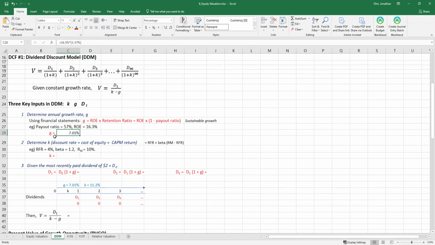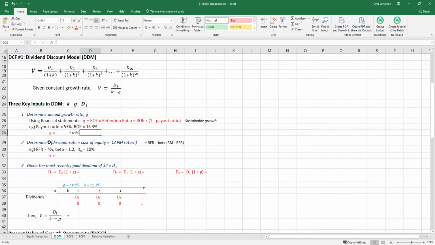We have to look at the actual data of dividend or earnings or assets, actual change of those variables, and we manually calculate growth rate based on the data, right? Not this formula. But right now, let's assume that this one is our approach. So we have 7.01%, that's decent growth rate, right? Good growth rate. Now, next input is K.